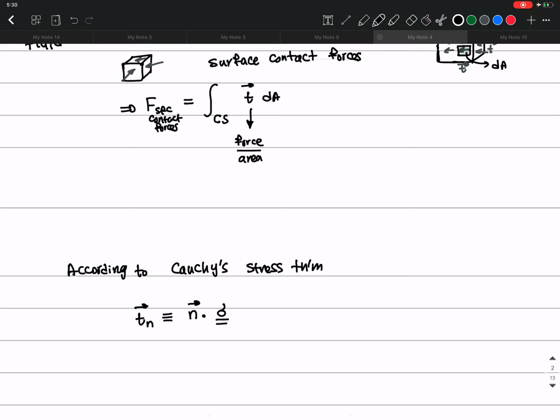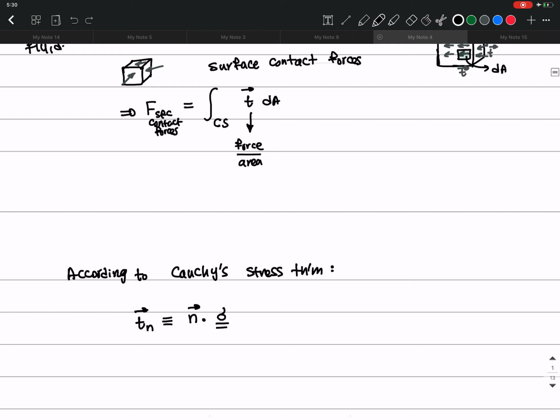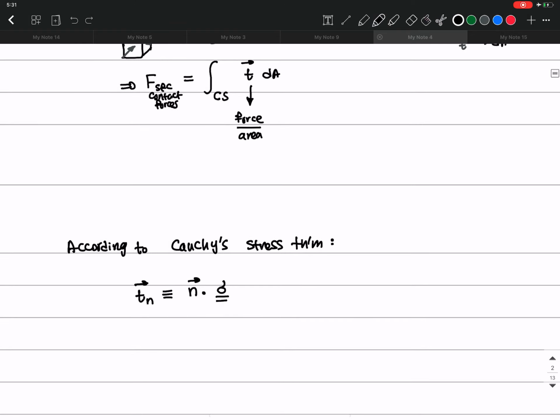I'm not going to go through how you do it, but this is a general theorem that states you can write these surface contact stresses using the stress tensor. I'm going to go through what this sigma means. This is just a theorem, and you can prove that it can be written as a stress tensor. But I'm going to use this theorem to simplify our work.